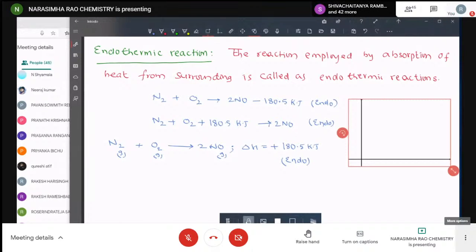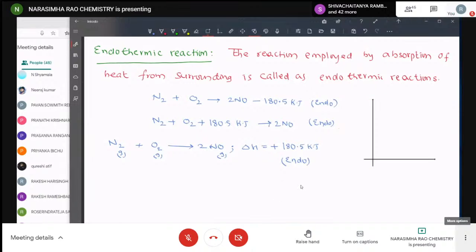For this example, this is the potential energy versus reaction coordinate. This is the enthalpy of reactant, A for example.